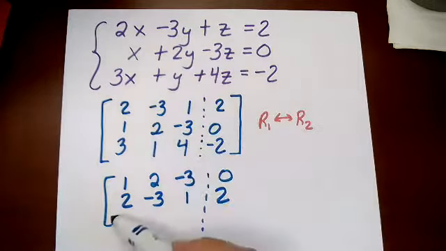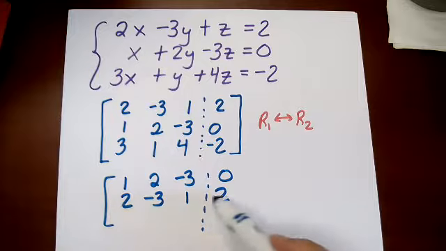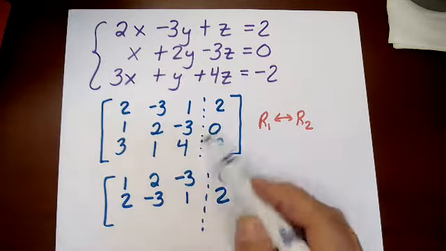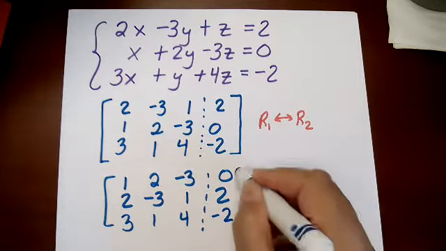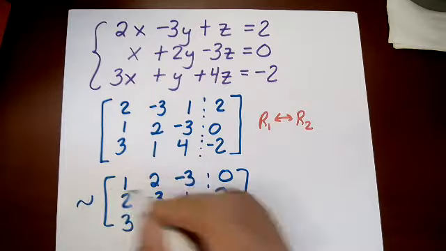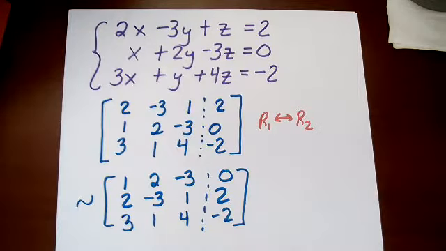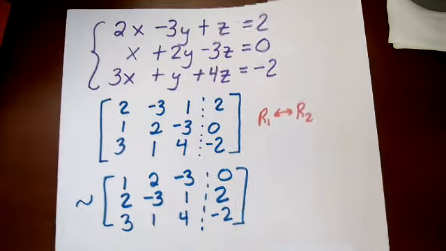So the whole second row is what the first row used to be. The whole first row is what the second row used to be. The third row is not changing. This is equivalent to this one, equivalent in the sense that it has the same solution.